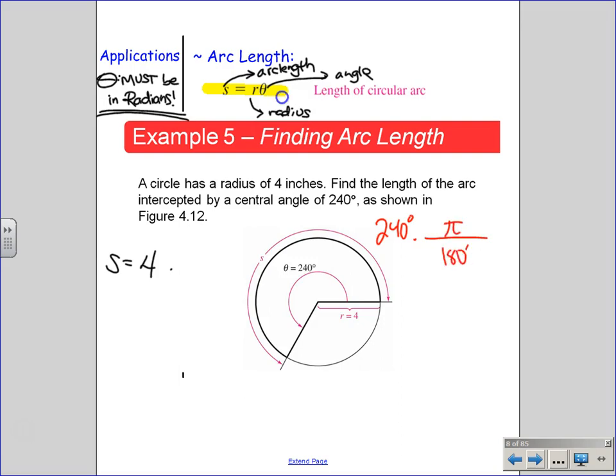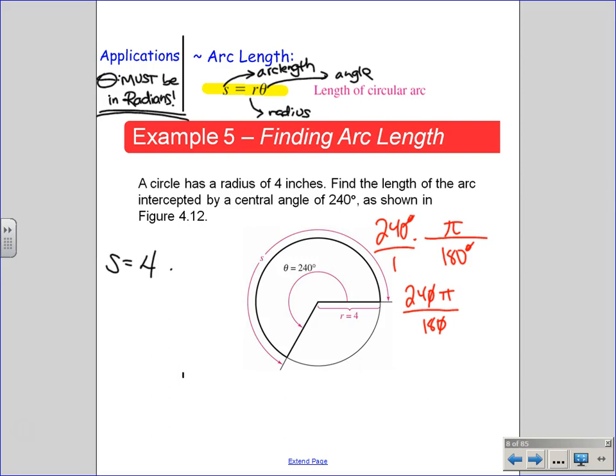Because I need the degrees to cancel. Write it as an expression, because whenever you just have a number, it's over 1. Can't my zeros reduce? Can't I think of what goes into 24 and 18, and hopefully pretty quickly your brain jumps to 4 goes in, but what's better? 6.